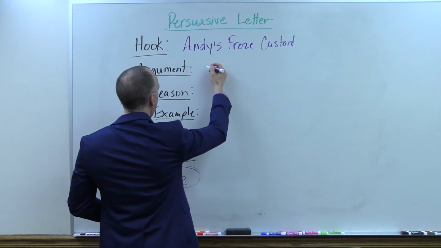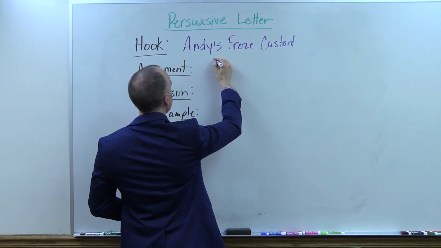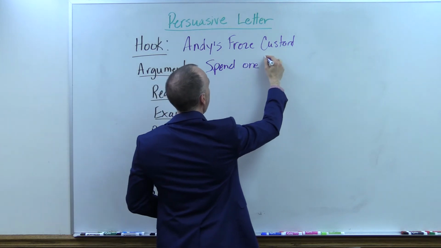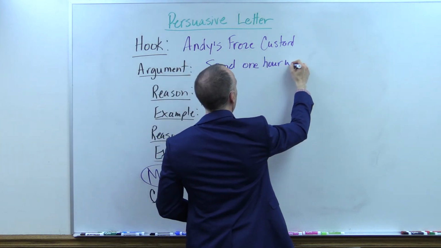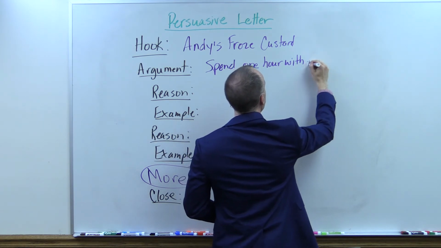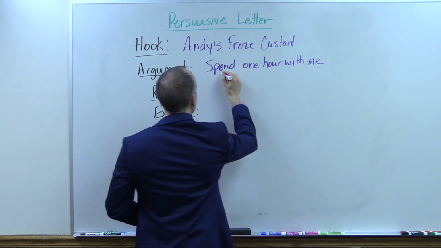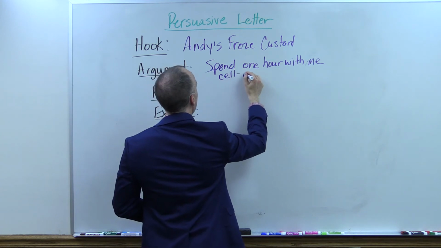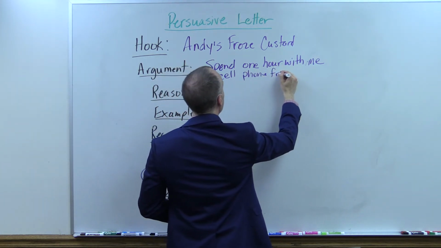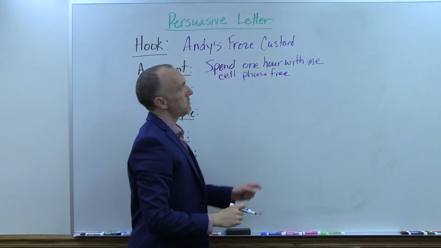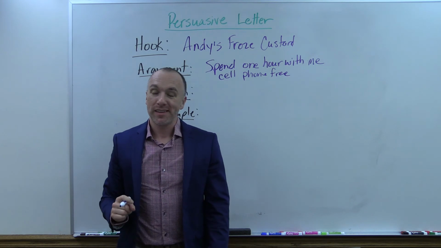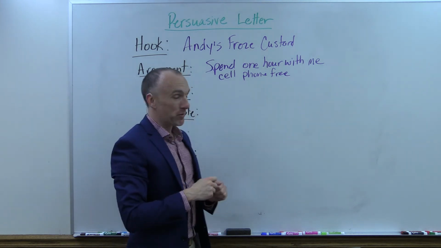And that is, my argument is spend 1 hour with me, with a catch. Cell phone free. And I even made a rhyme. So this would be, I have adult children, this would be my request. So this will be a fun letter to write.